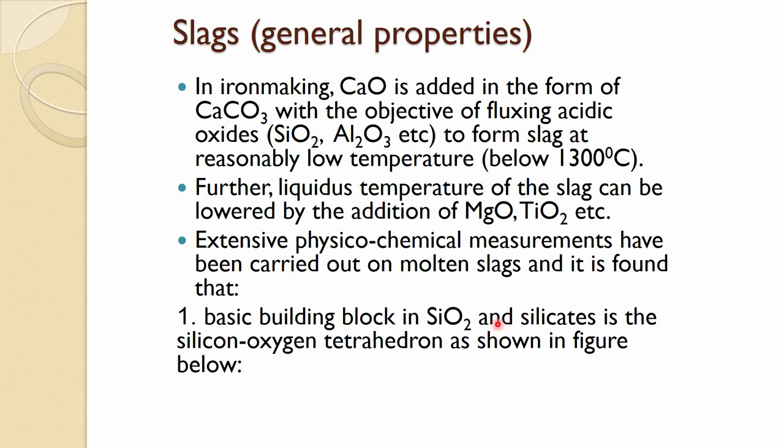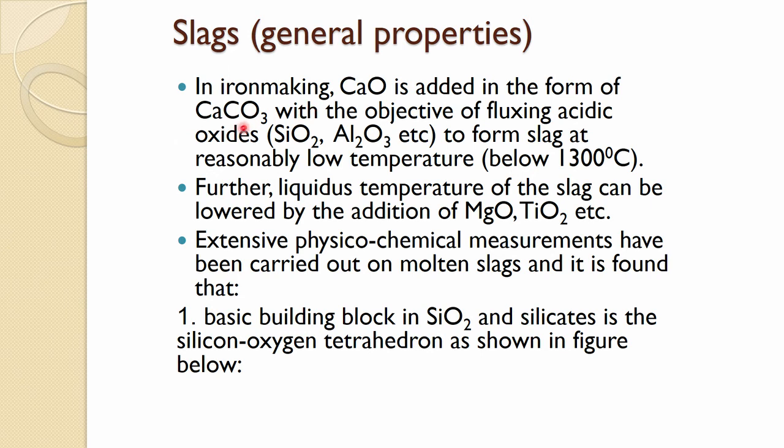Similarly, now a little bit about the general properties of the slag. In iron making, calcium oxide or lime is added in the form of calcium carbonate, as we said at the start. This dissociates near the cohesive zone, where the temperature is close to 1000 degrees Celsius.